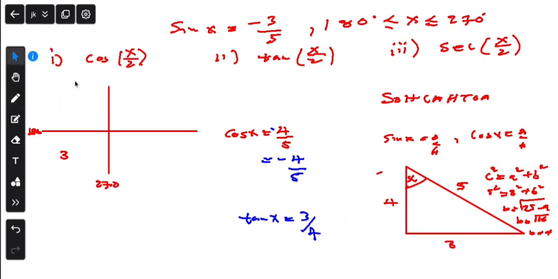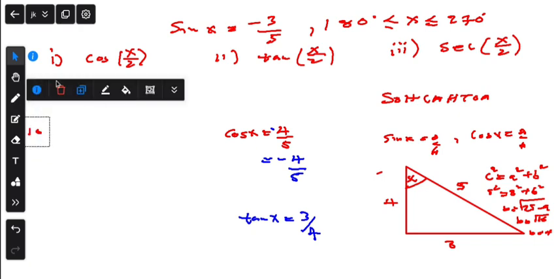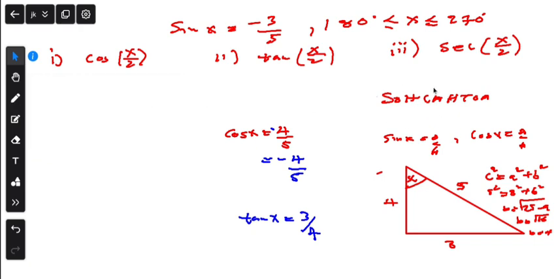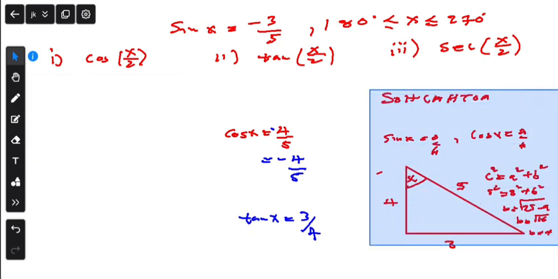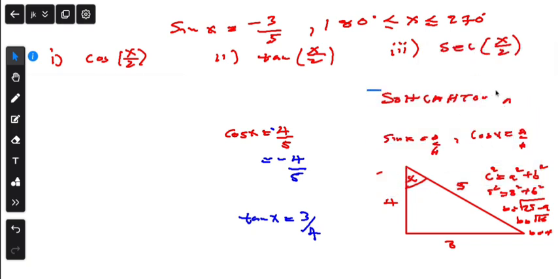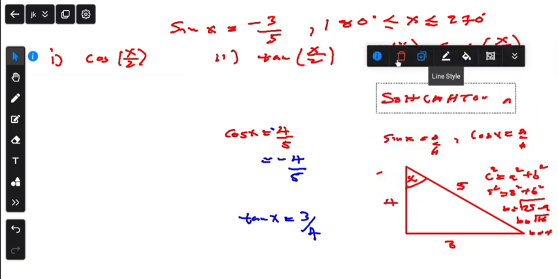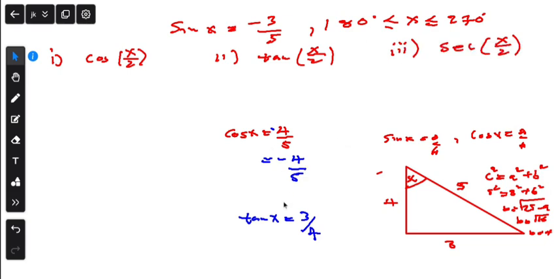Alright, so let's find out the values. I'm going to start with this one here, which is for cos. What is important here is finding these numbers here. So let me start with cos.